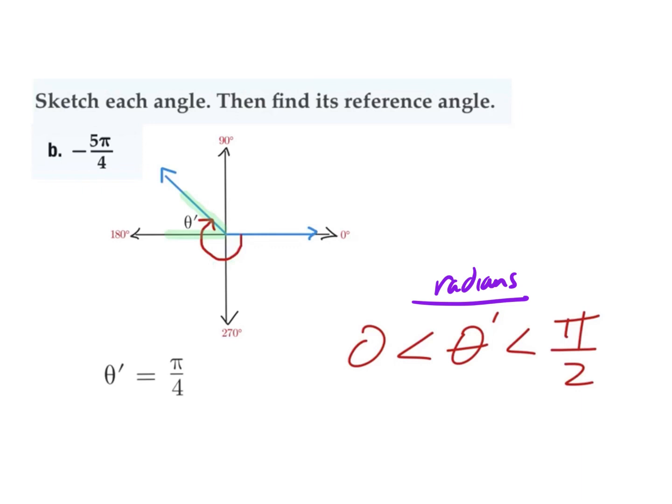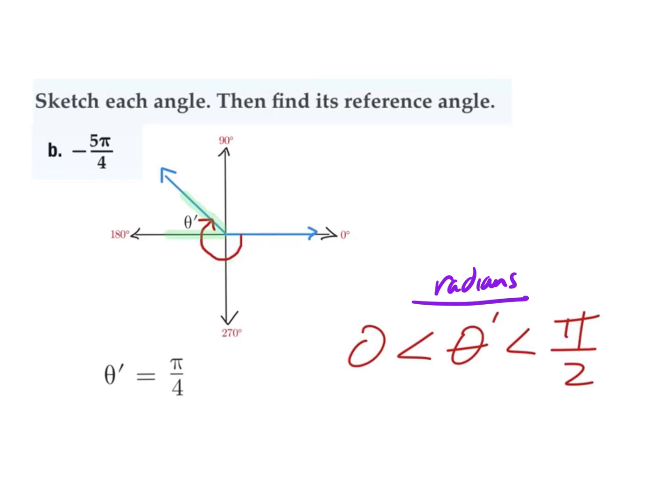So your reference angle needs to be in here, basically between 0 and half pi. This is a fourth of pi. All right? Notice I highlighted the reference angle in green. So yeah, that's kind of it.